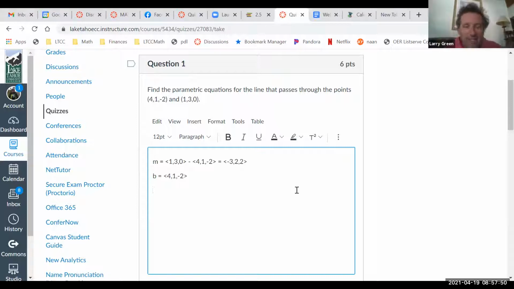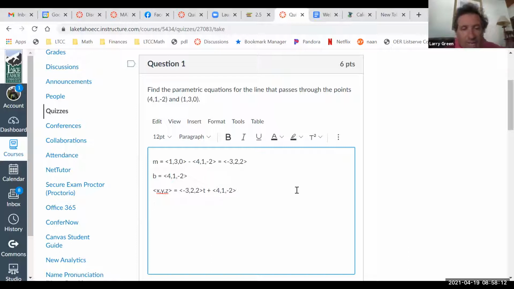That is basically y equals mx plus b, but we're going to call it (x, y, z) is equal to m, which is (-3, 2, 2), times t, plus b, which is (4, 1, -2).